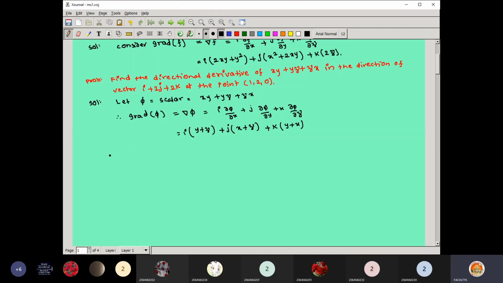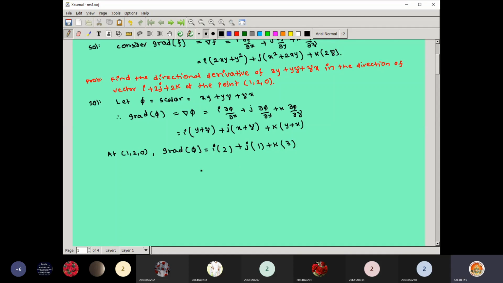Only a point is given. Better you substitute that point 1, 2, 0. So you are calculating the gradient of phi. Substituting x value 1, y value 2, z value 0: i into y plus z means 2 plus 0, it becomes 2, plus j into x plus z, 1 plus 0 is 1, plus k into y plus x, that becomes 3.